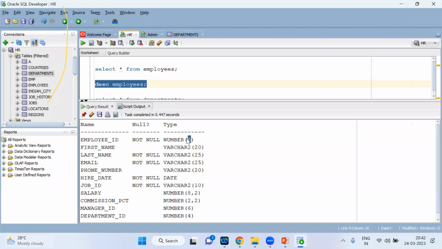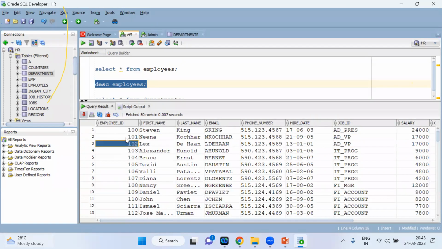What is the meaning of this 6? 6 is the length: however many digits you want to store, that many you can put here. So employee ID is a number, and up to 6 digits can be stored.